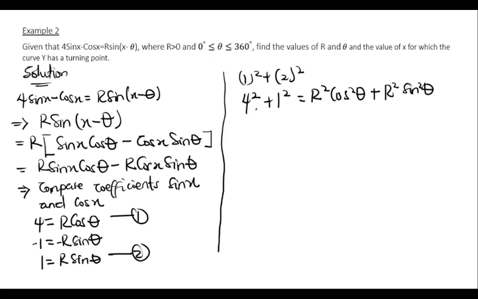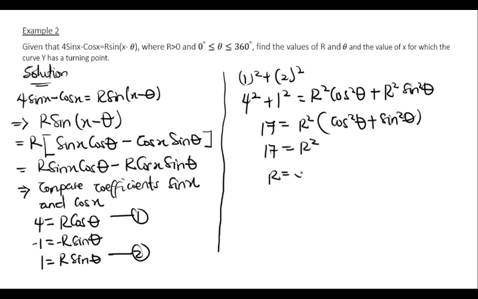So 4 squared is 16 plus 1 is equal to 17. So we have 17 is equal to r squared, we factor r squared out, so we have cos squared theta plus sine squared theta. We know that what we have over here is equal to 1, one of the identities of trigonometry. So we have 17 is equal to r squared. So our r is now root 17 as the value of our r.